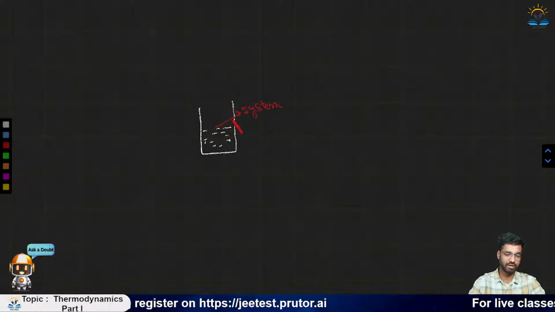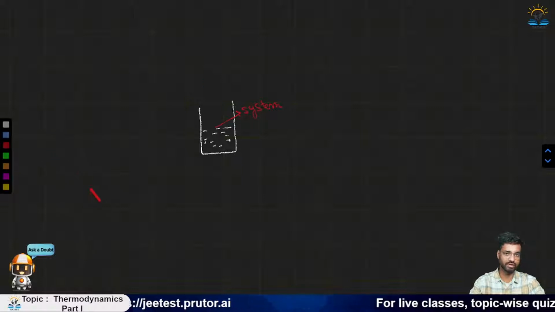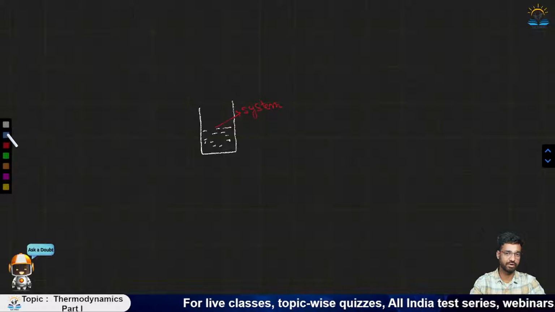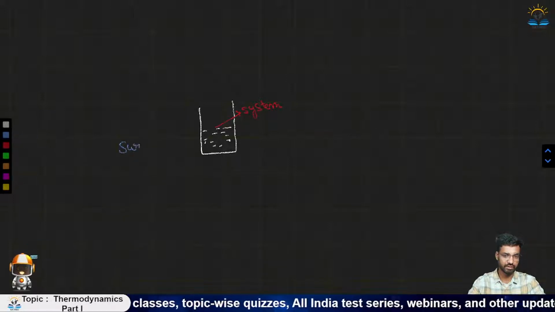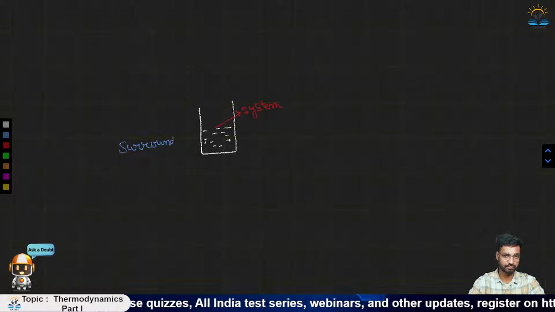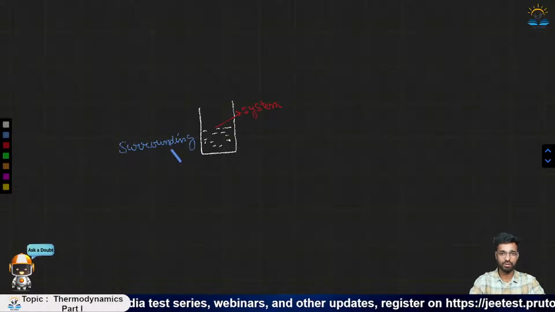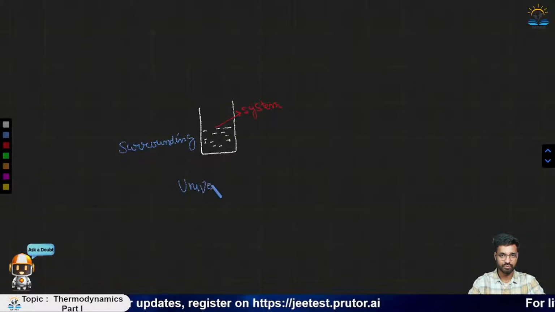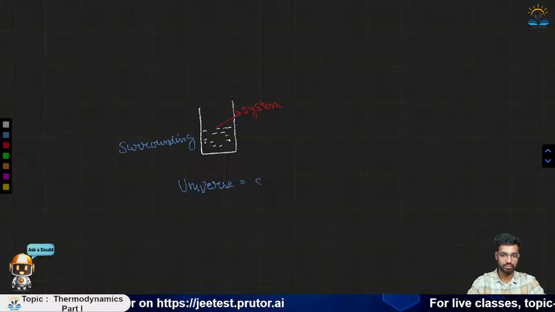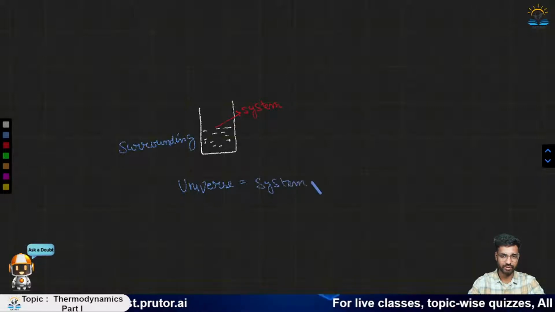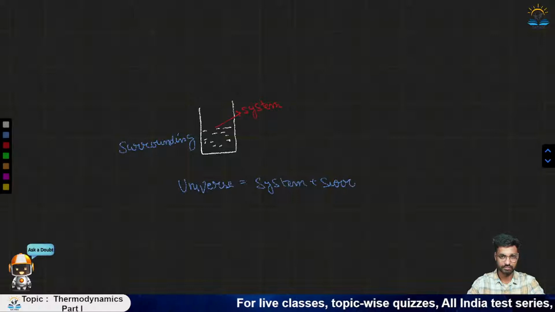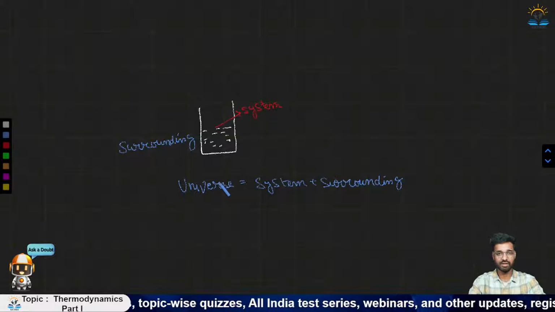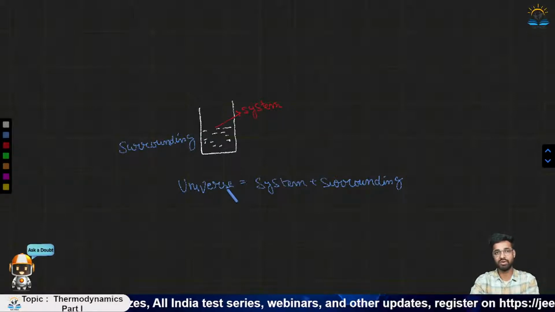And except this part, all this space around this, including the universe, that is, universe minus system, is called the surrounding. And the universe is equal to system plus surrounding. So this is the very conceptual thing about system, surrounding and universe.